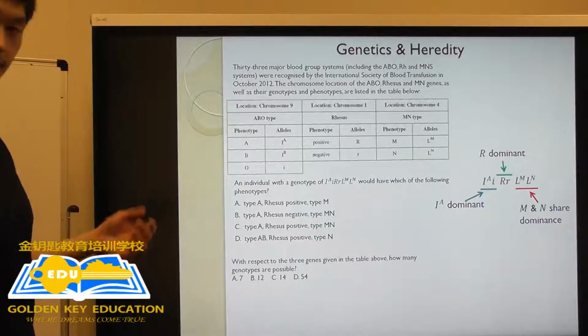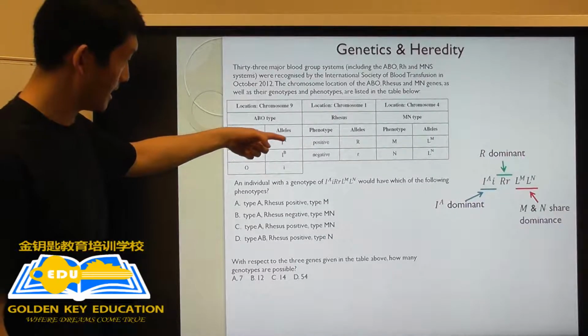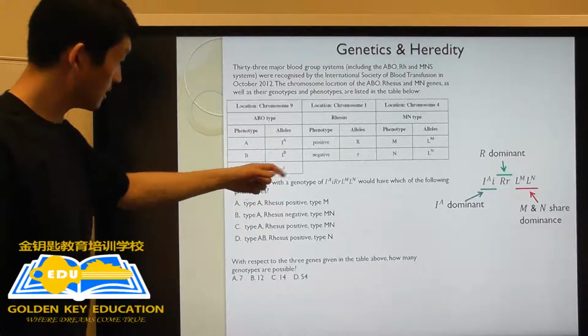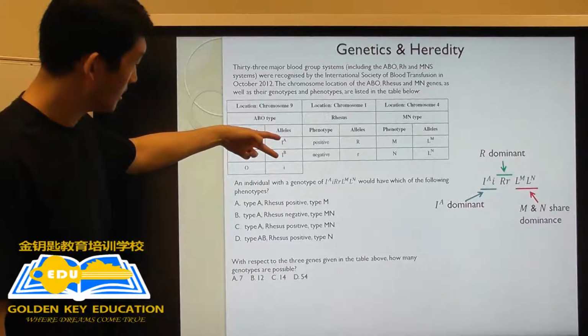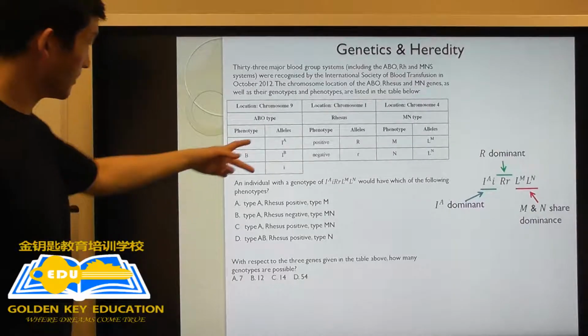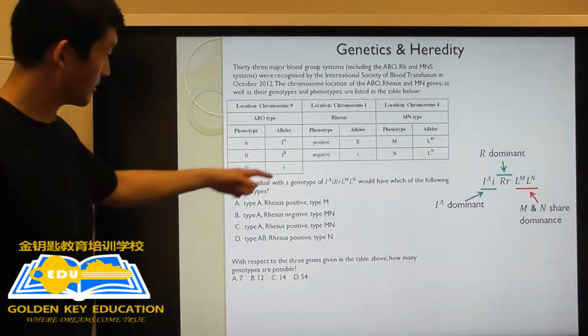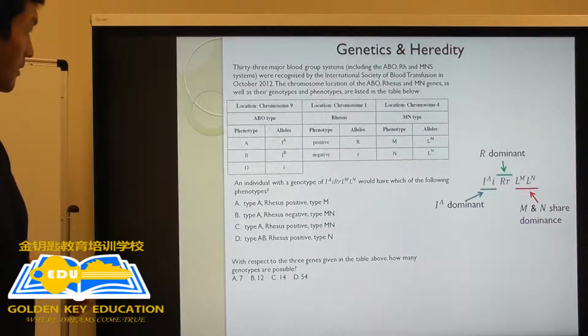And the answer is 6. You can have IA twice, IB twice, little i twice, IA and IB, IA and i, and IB and i.